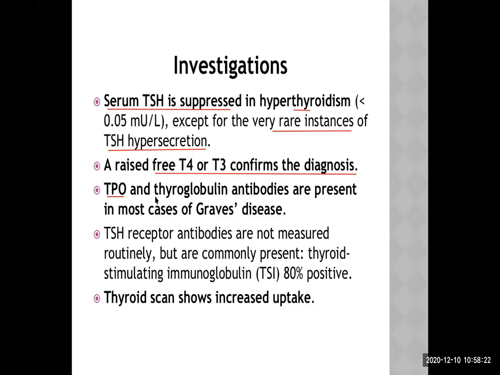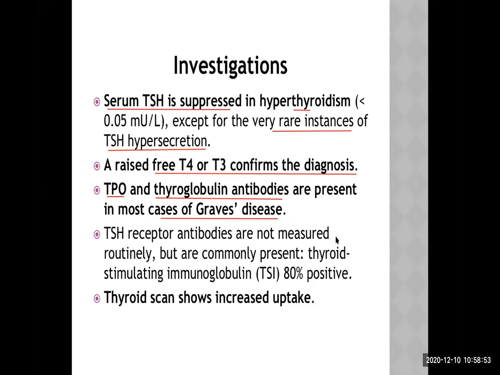TPO and thyroglobulin antibody are present in most cases of Graves' disease. Now, this is what I was talking about in the last class. There are different types of autoantibodies present in thyroid disorder. Now, in Graves' disease also, the blocking type of antibodies may be found, but the role of those blocking antibodies is not much in the pathogenesis of the disease, but they just tell us, yes, this is an autoimmune phenomenon or mechanism.